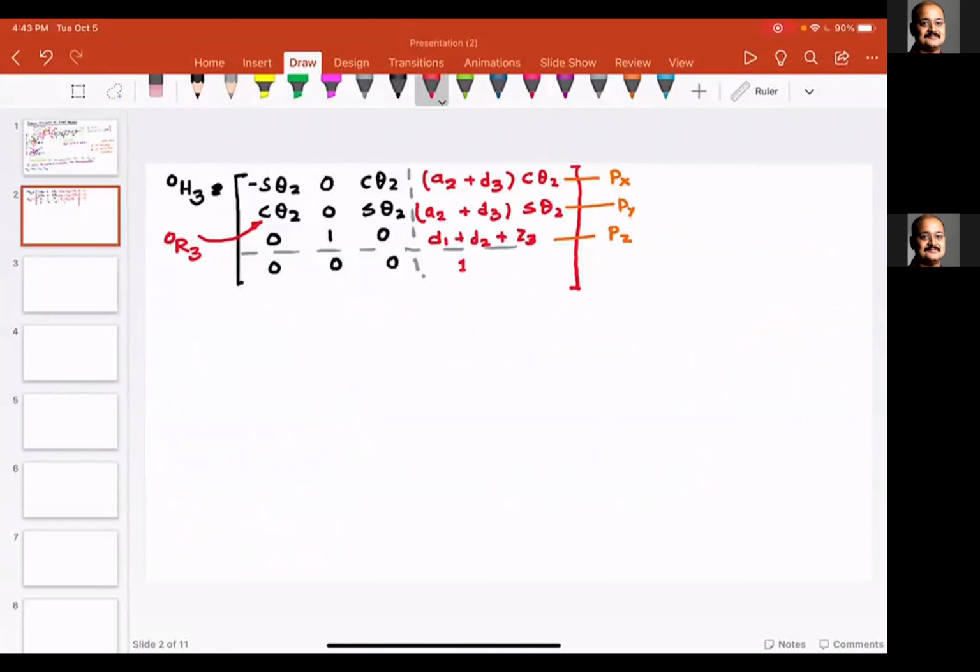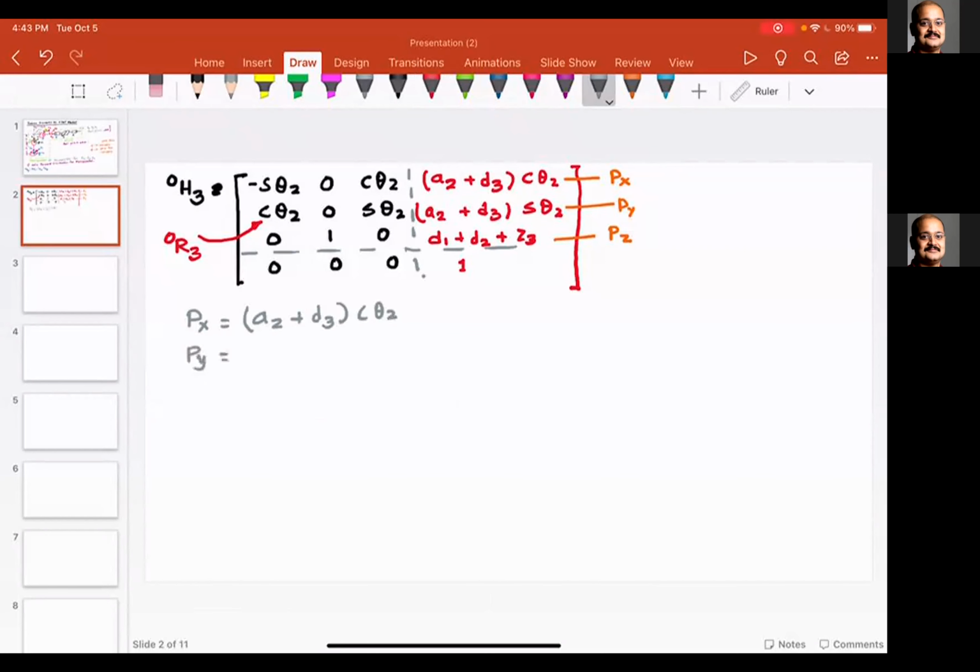So first, let me solve this problem on paper, and then we will look at how to solve this problem inside MATLAB. Step 1 is px, py, pz. First and foremost, let's write down how we solve the inverse kinematics for the first manipulator. As you know, px is given to us. So px is equal to a2 plus d3 cosine theta 2.